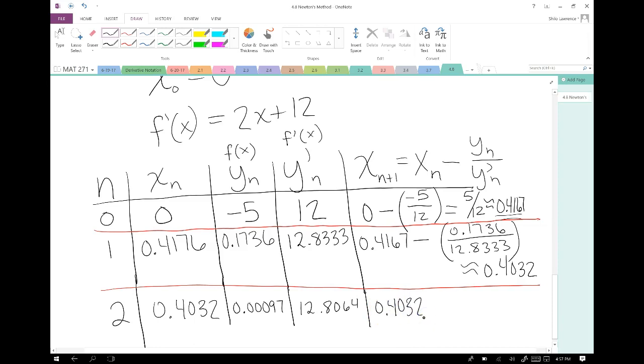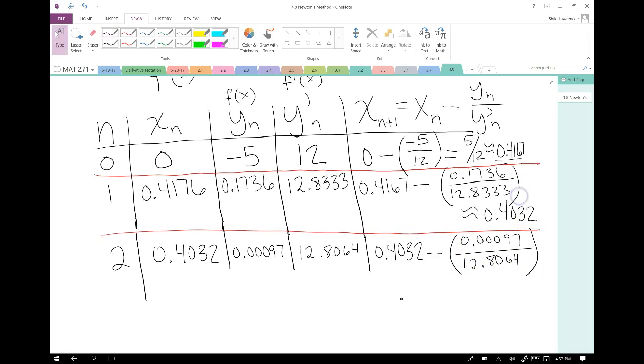So 0.4032 minus the y divided by the y prime. This value is going to be really tiny, so I'm not going to move much.